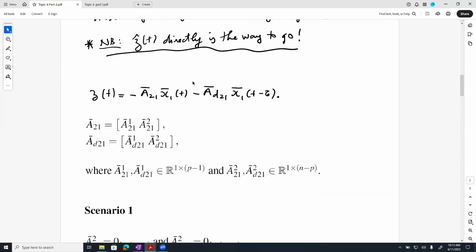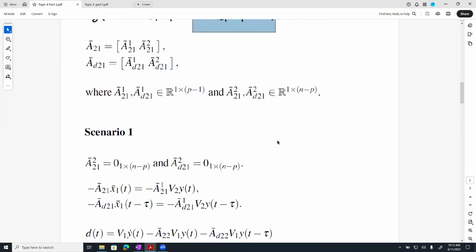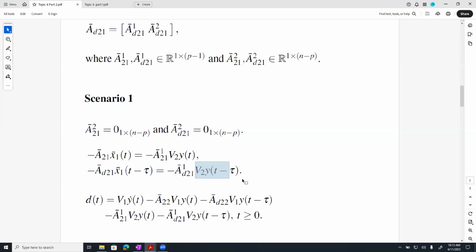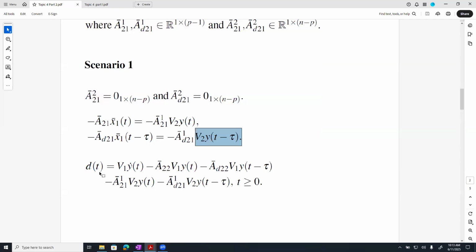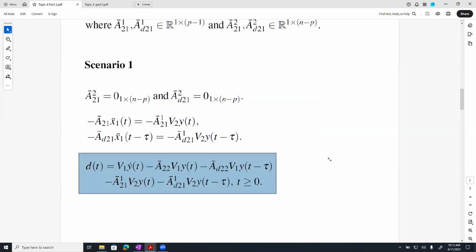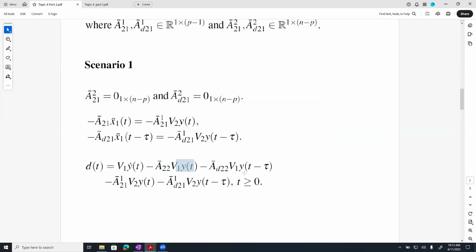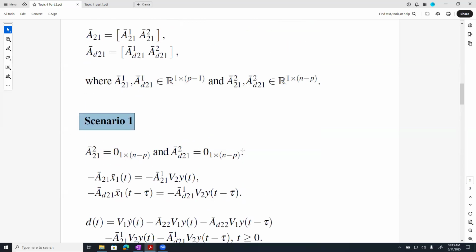And similarly, for that term in there, it's just a linear combination of the output measurements. So in that scenario, scenario 1 simply tells us that we don't need to design any functional observer or any observer, because the unknown input can be obtained directly from all the available output measurements and the delayed output measurement, and also the first derivative of one output measurement. Of course, that scenario is the simplest case.